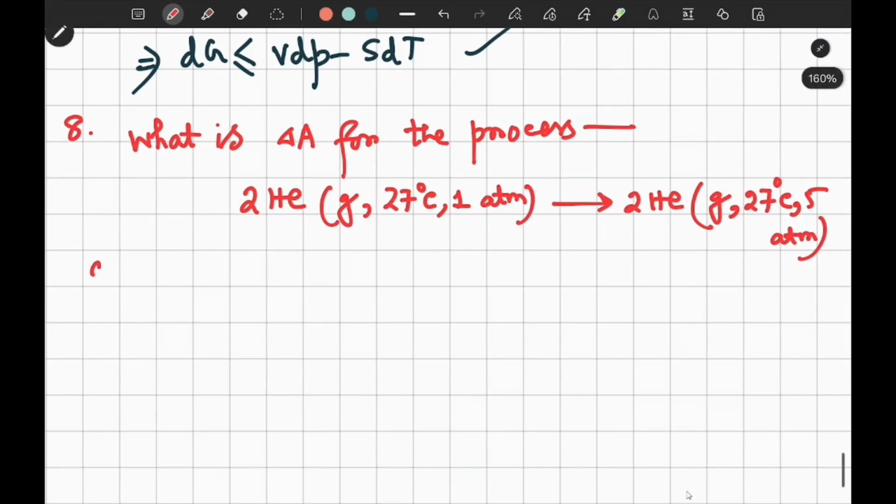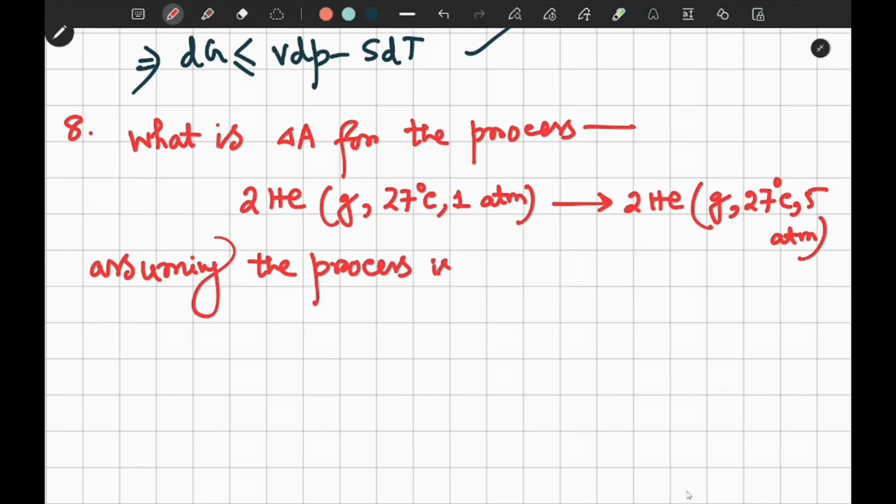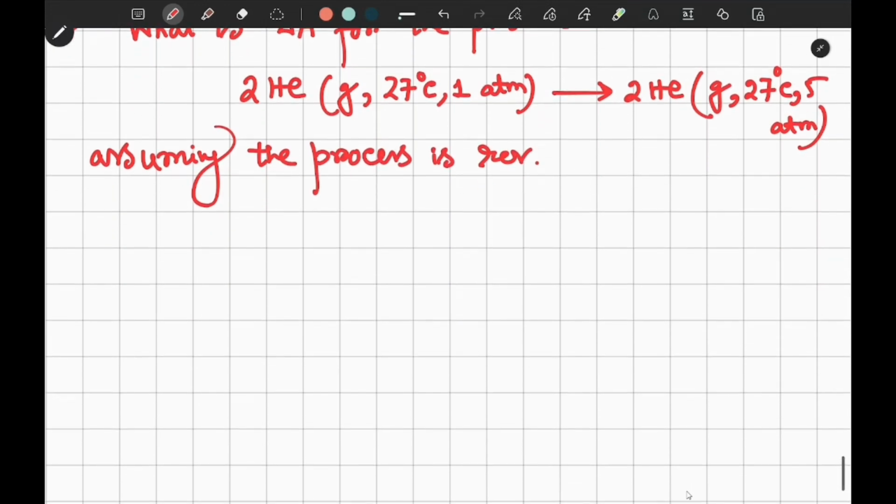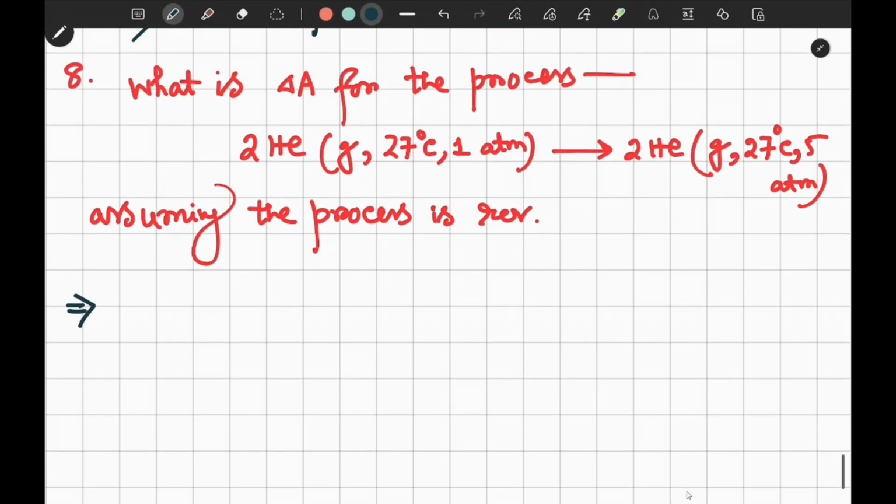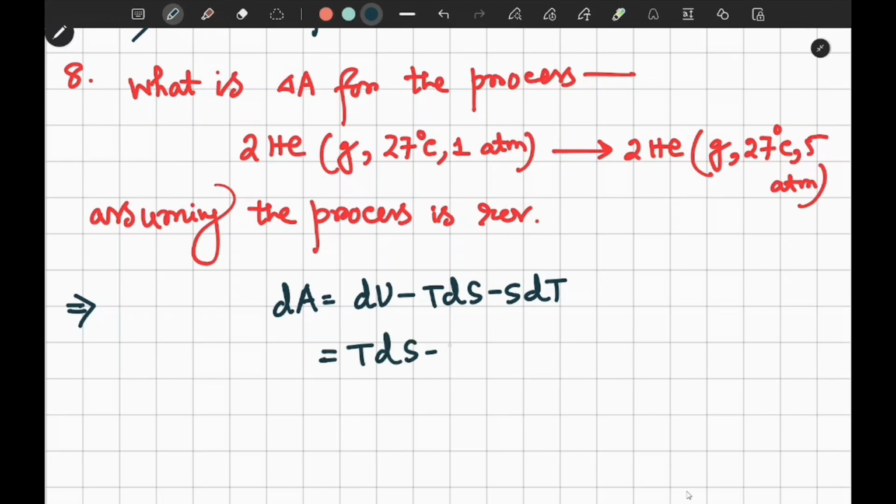Assuming, okay. So you have to calculate that delta A. So dA was, dU is TdS minus.